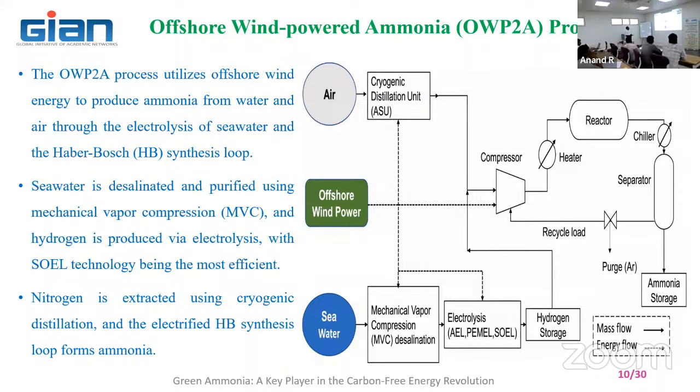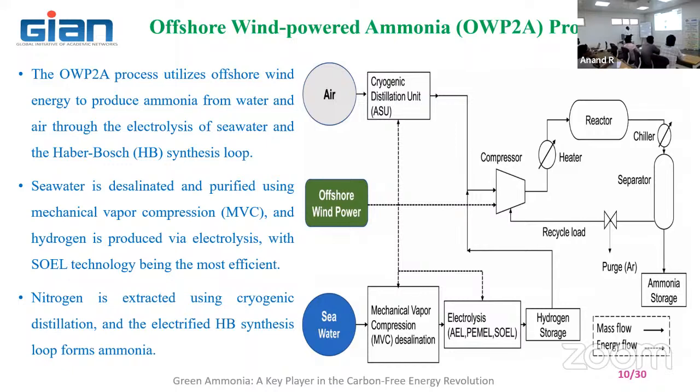Then you take it to a reactor, something like a Haber-Bosch reactor. We maintain a pressure of 100 to 300 bar by using a compressor. To raise the pressure from the input pressure to the required reactor pressure, we are absorbing work from the surrounding, from the wind energy conversion system.